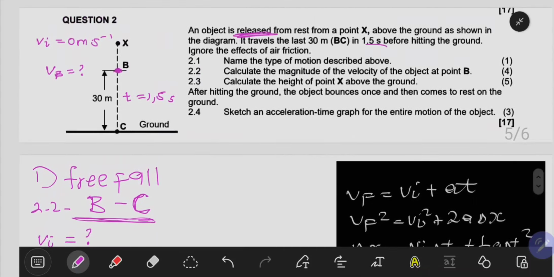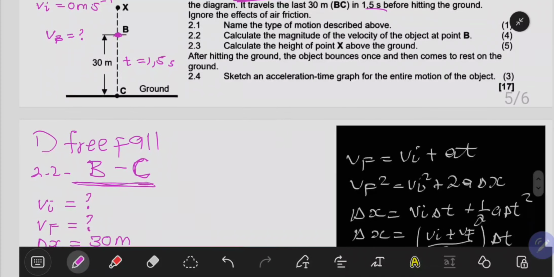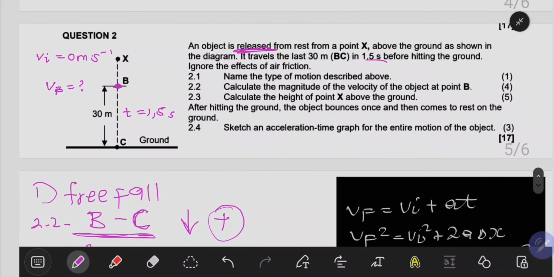All right. So in this case, we have to take a direction. To make things simple, we can take the downward direction to be positive. So any motion going downward will be positive. It means our gravitational acceleration is positive, our displacement will be positive, and our V initial and V final should be positive, because the ball is going downward throughout this motion.